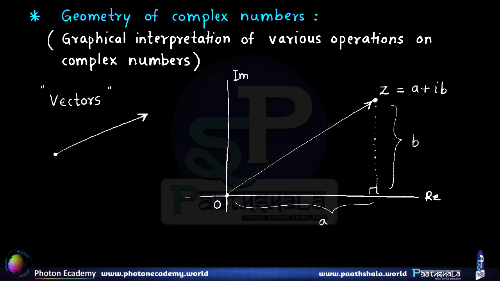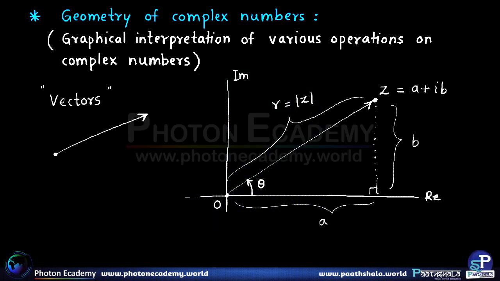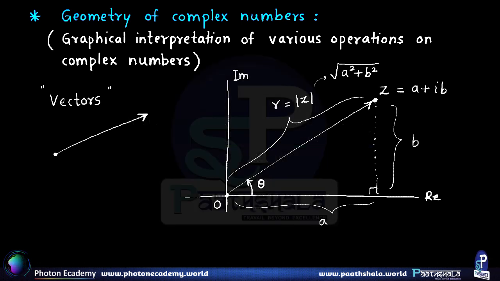Now let that vector make an angle theta with the positive real axis, and let the magnitude of that vector be r. Now we know that this r is nothing but the magnitude of complex number, and that is further equal to root of a square plus b square, because it's clear from the diagram that using Pythagoras theorem we can write the magnitude is nothing but root of a square plus b square.